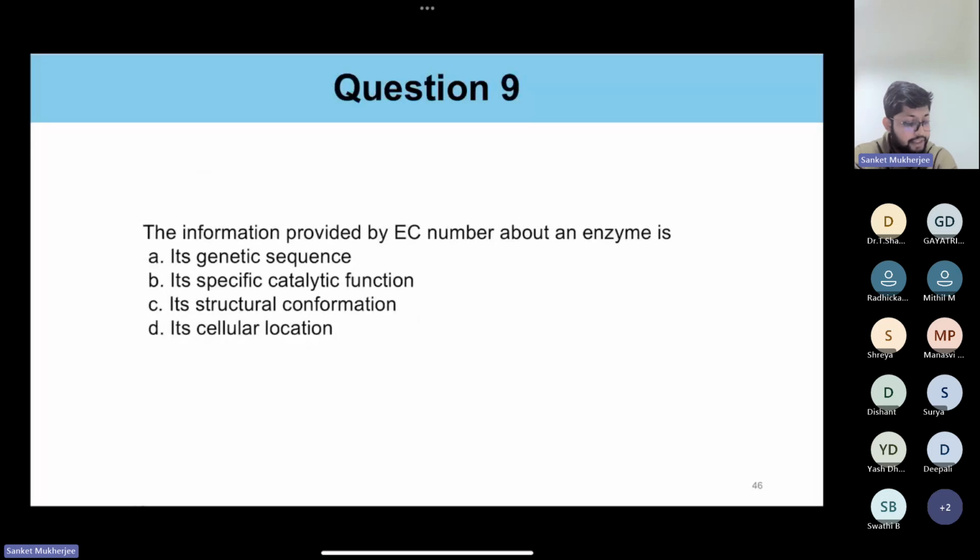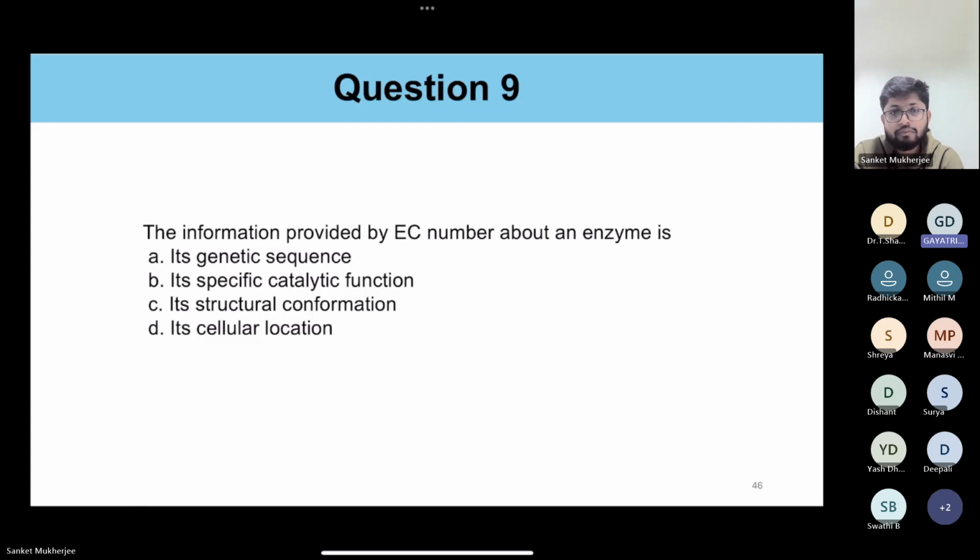The information provided by the EC number about an enzyme is its genetic sequence, its specific catalytic function, its structural conformation, or its cellular location. Any answers?